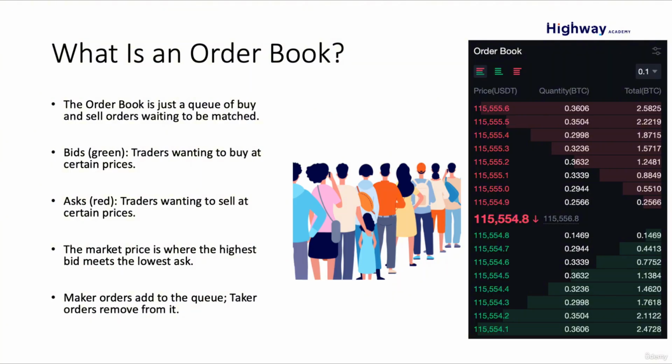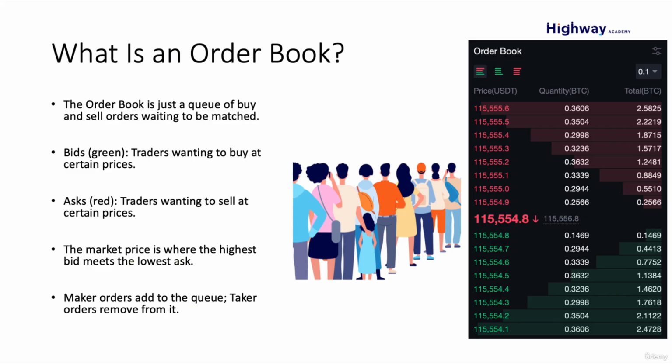The market price is the point where the highest bid meets the lowest ask. That's the price where the next trade will happen, where a buyer and seller agree. To make it easier to understand, think of the order book like a queue of people waiting in line. On one side, buyers are lining up offering different prices. On the other side, sellers are lining up too.